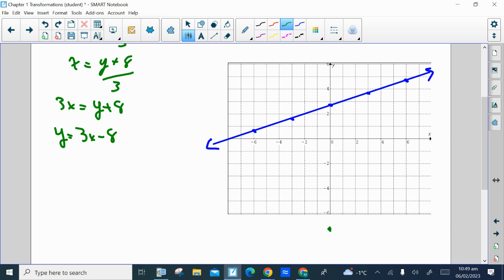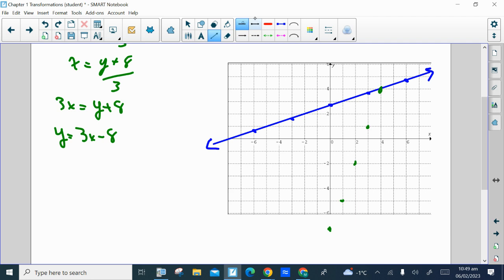This graph would have a y-intercept of negative 8 that we don't really have room for on our grid, but we can guess where it would be, somewhere down there, and a slope of 3. So you'd rise 3 and run 1. Rise 3 and run 1.